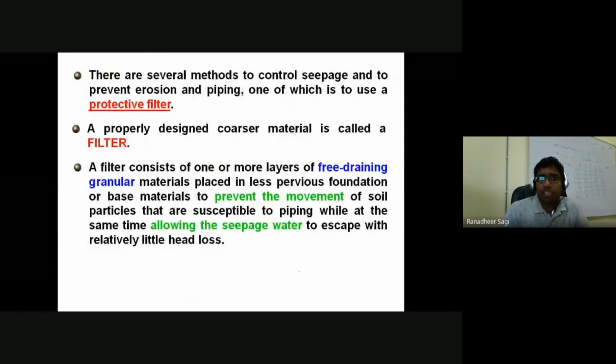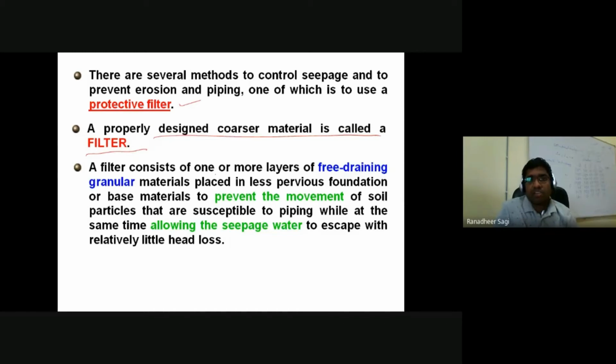There are several methods to control seepage and to prevent erosion and piping. One of them is to use what is called a protective filter. Such a protective filter is nothing but what we are calling your drain. A properly designed coarse material is what we call your filter.